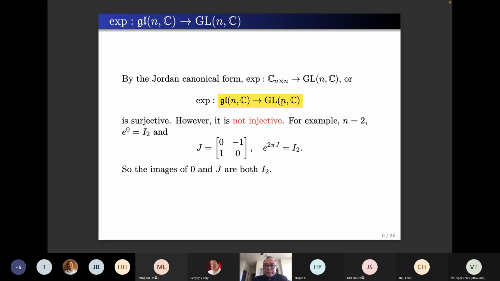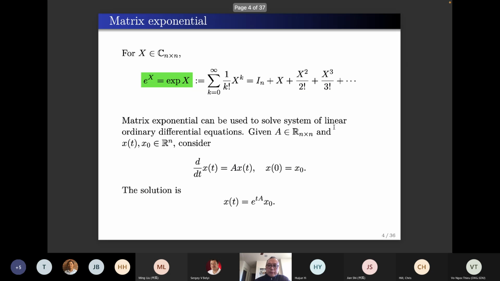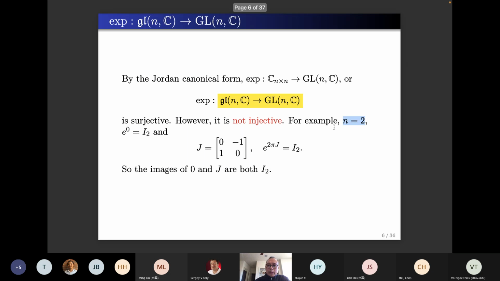Let's see an example. If n is 2, so we are talking about 2 by 2 matrices. Of course, if you take the 2 by 2 zero matrix, the exponential of the zero matrix is the identity matrix. No question about that.